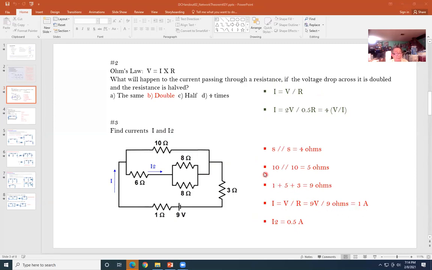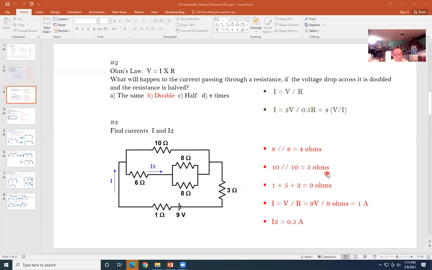In order to do it, first thing, these resistors are in parallel, so you get 4 ohm. 4 ohm in series with 6 ohm, which means 10 ohm on this side and 10 ohm on this side in parallel.